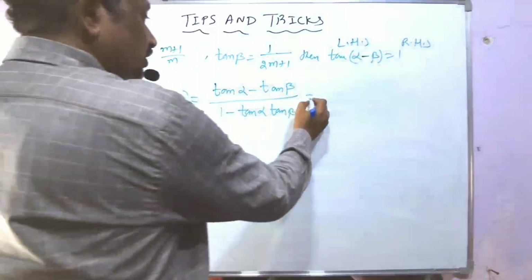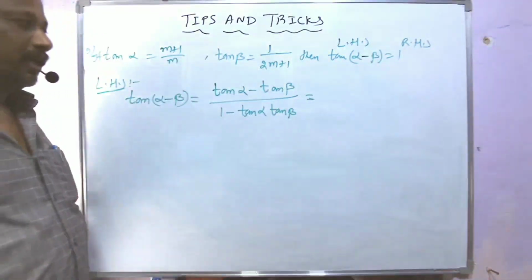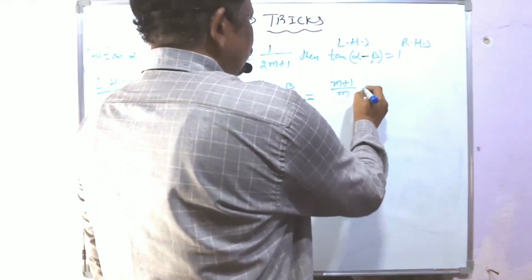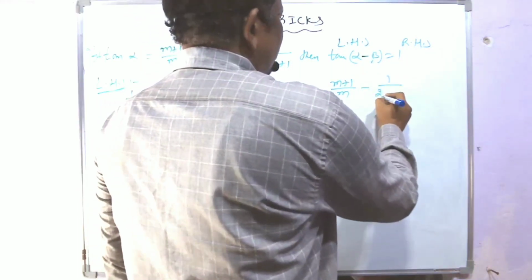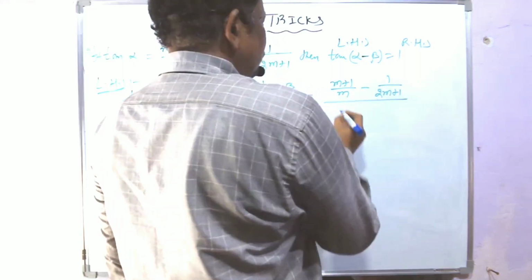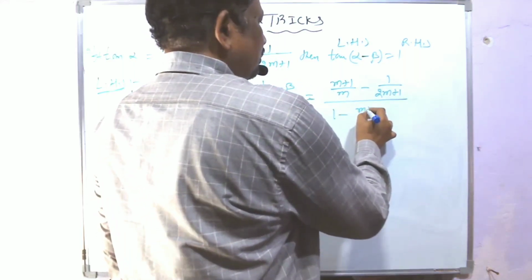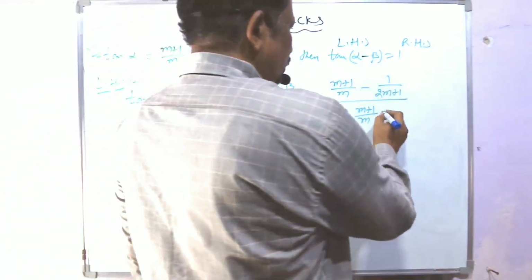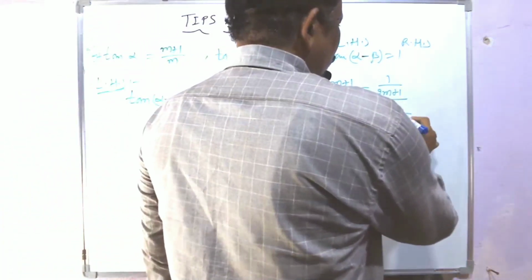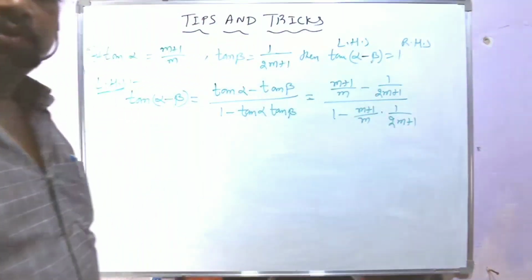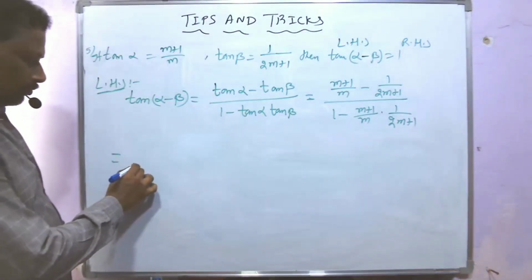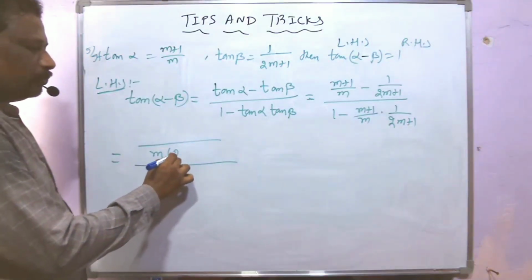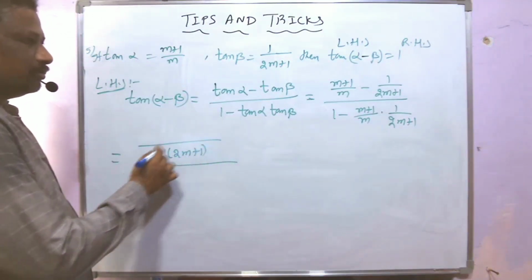So now substitute the given value of tan alpha and tan beta. Tan alpha is m plus 1 by m, minus 1 by 2m plus 1. Here 1 minus, m plus 1 by m into 1 by 2m plus 1. So now simplify it. In numerator, LCM is m into 2m plus 1.